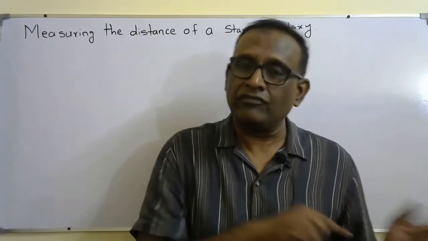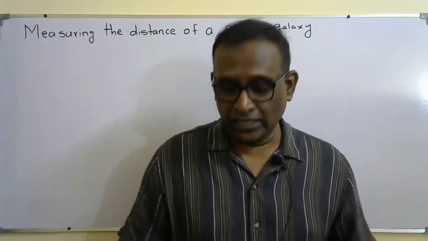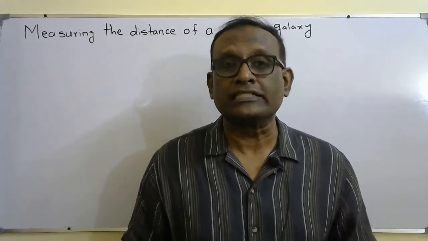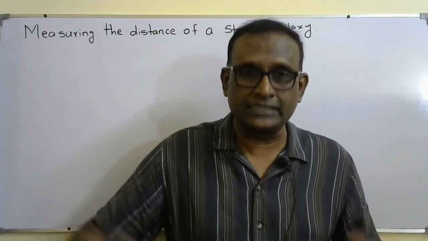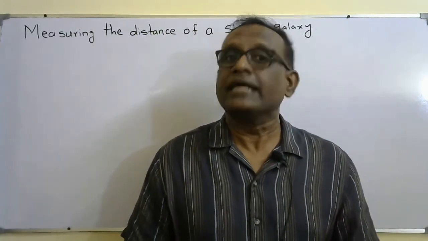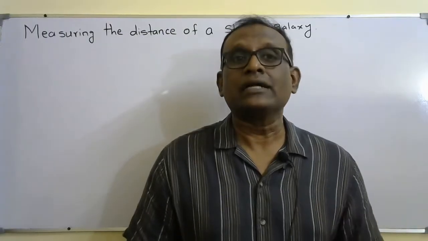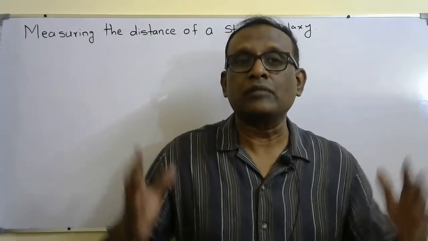I'll let you know after explaining the first method. We call it the trigonometric parallax method. It's actually a much better method compared to the other methods I'm going to tell, and it has good accuracy, but its limitation is the shorter range.